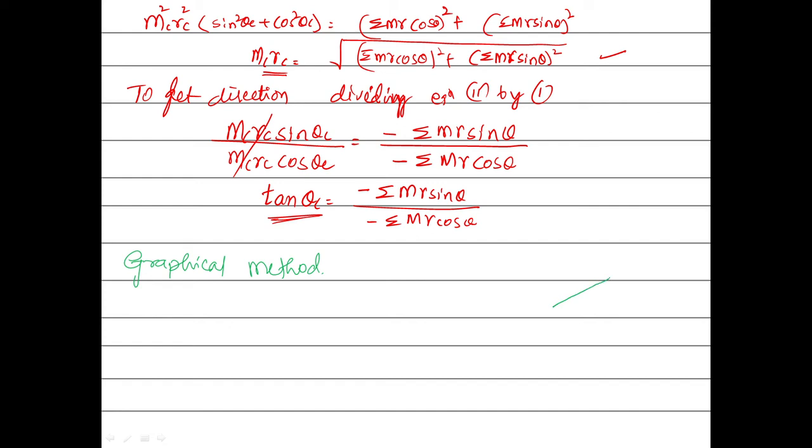Now you know the direction of mass 1 with respect to the x-axis. You just draw with some scale the product m1 r1. Already you know the value of theta 1.